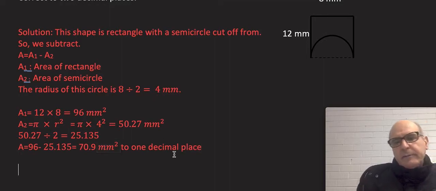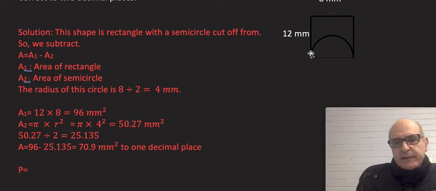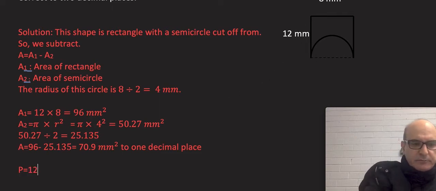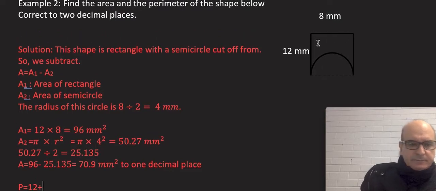As for the perimeter, it will be equal to, we have to add that 12, plus that 8, plus that 12 again.